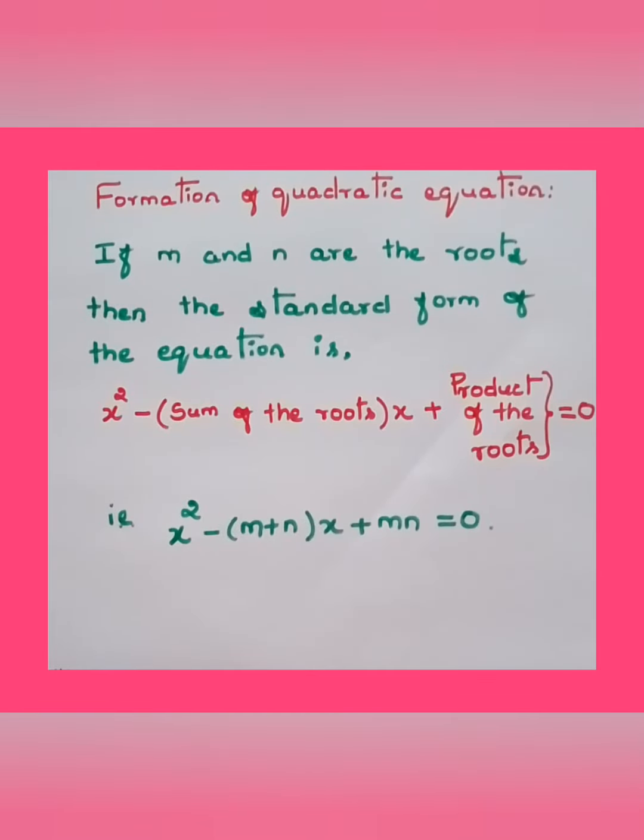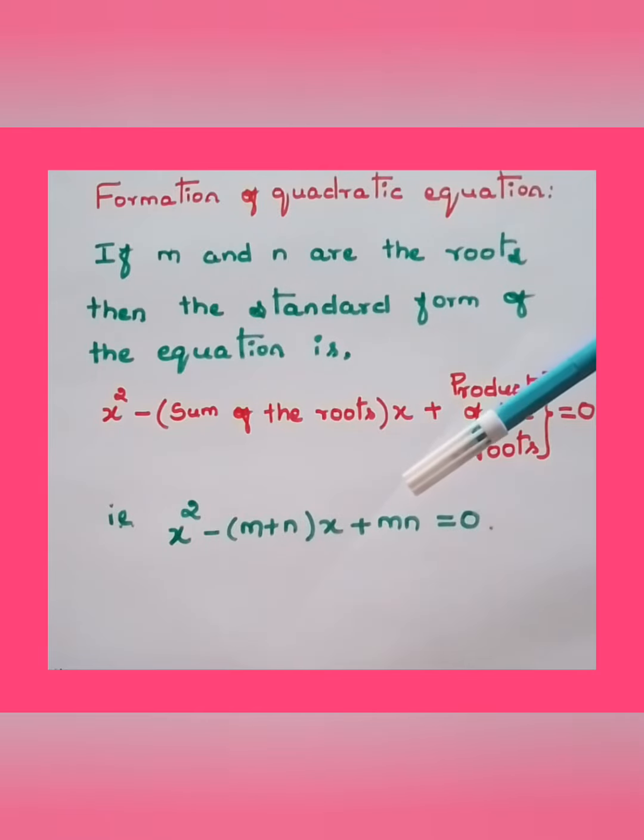Next, we shall move to the concept of formation of a quadratic equation. If m and n are the roots, then the standard form of the equation is x² minus sum of the roots into x plus product of the roots is equal to 0. So, if you consider m and n as the roots, then m plus n will be the sum of the roots, right?